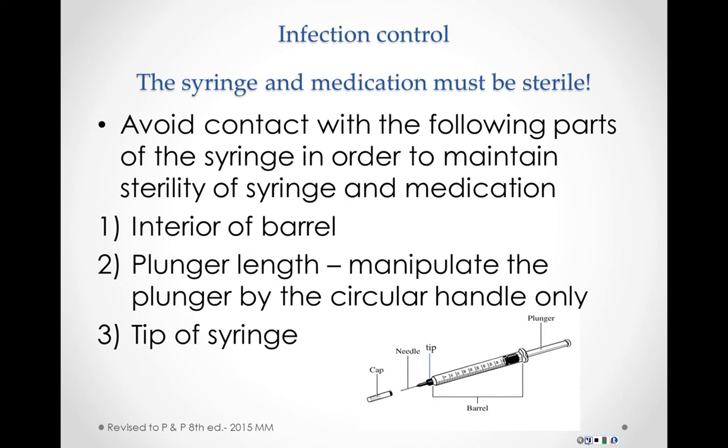Remember the fundamental principles of sterile technique. Sterility is maintained by not allowing a sterile item to touch a non-sterile surface, such as the nurse's hands, the counter, etc. The nurse manipulates the syringe using a careful no-touch technique in an effort to uphold the sterility of the parts noted on this slide.